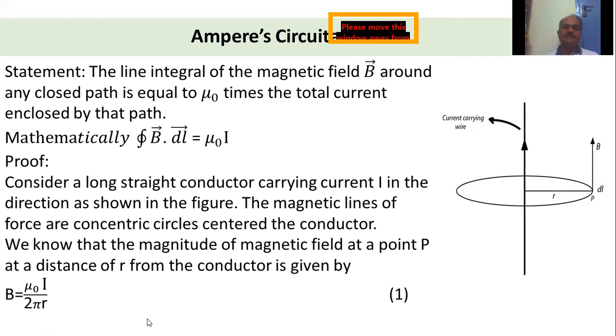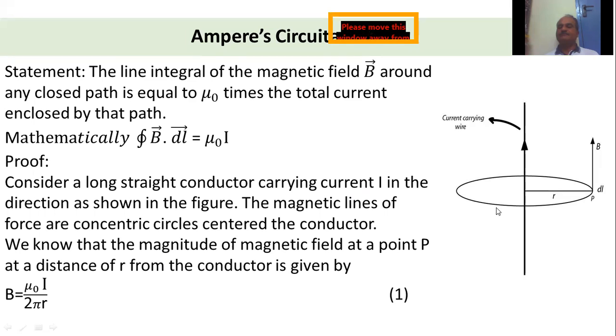Consider a long straight conductor carrying current I in the direction as shown in the figure. Here in the figure, this is the straight conductor and this is the direction of current. The magnetic lines of force are concentric circles centered around the conductor.